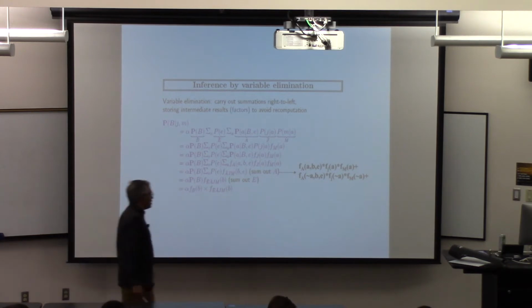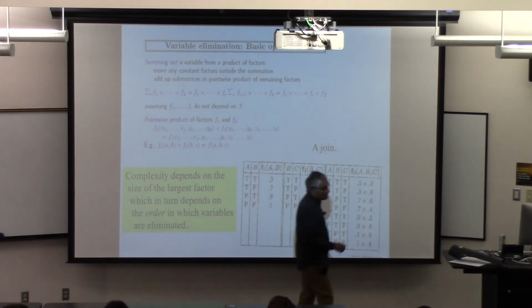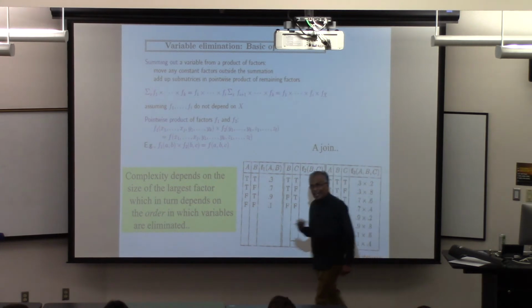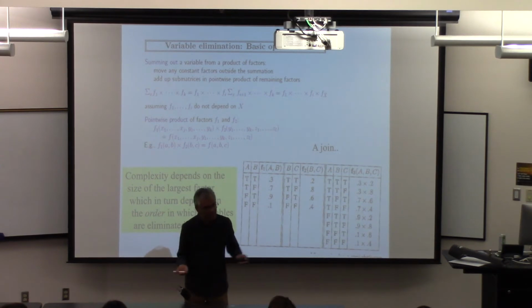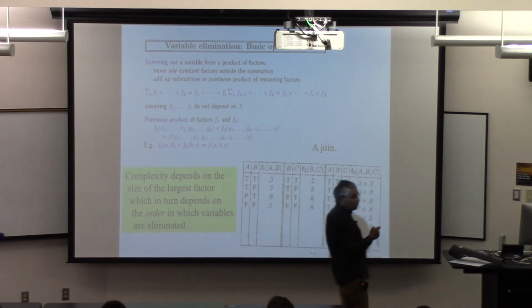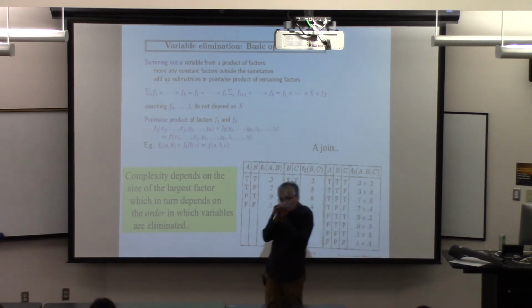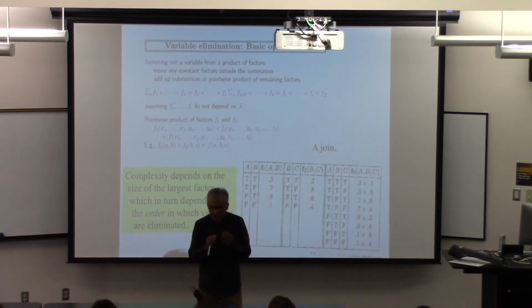In particular, it turns out that the order in which you eliminate variables, the order in which you marginalize over variables, can lead to smaller versus larger intermediate factors. Variable elimination means marginalization over the variables.